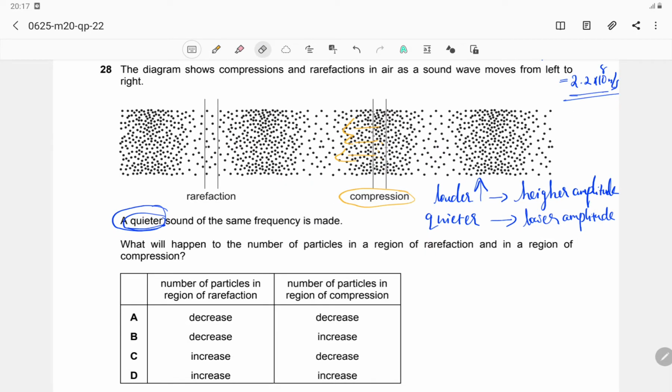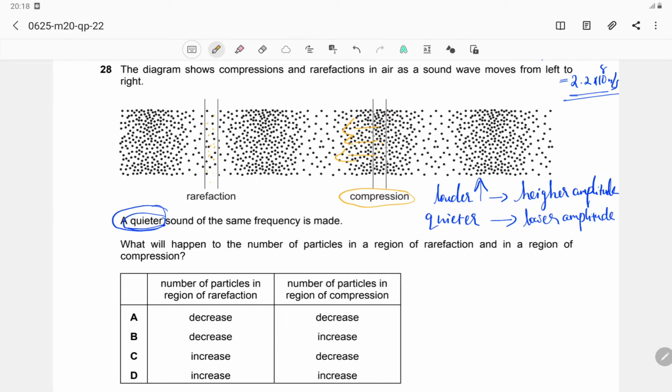So as a result, the particles in the rarefaction region will increase compared to before, and the particles in the compression region will reduce, because some particles are lost from compression to rarefaction.